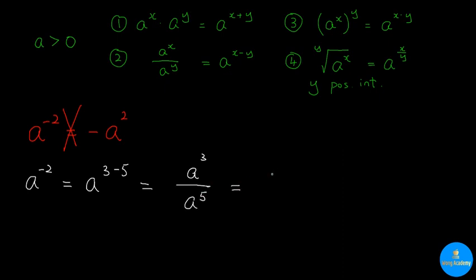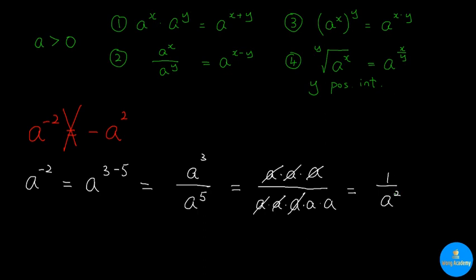A to the power 3 is simply a times a times a in the numerator, while a to the power 5 is a times a times a times a times a in the denominator. After cancelling out 3 a's each from the numerator and denominator, we will get 1 over a times a, or 1 over a squared. That is what a to the power negative 2 is. It is the reciprocal of a squared, instead of negative a squared.